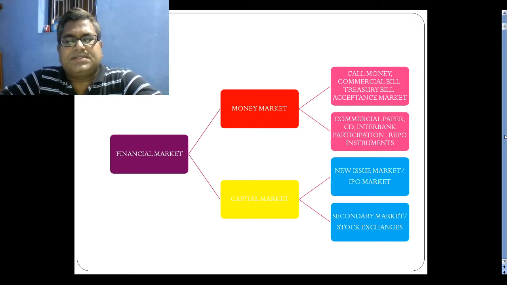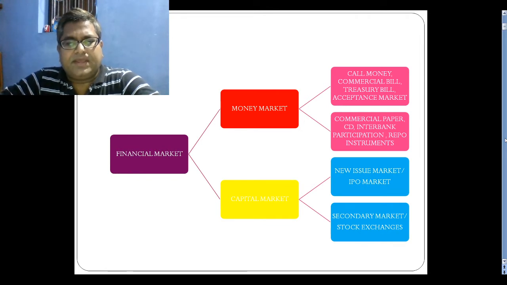My dear students, capital market is divided into two parts. One is new issue market or IPO market. Another one is secondary market or stock exchange. In the previous class, as regards the new issue market, we discussed its parts: one is origination, another one is underwriting, and the third one is distribution.